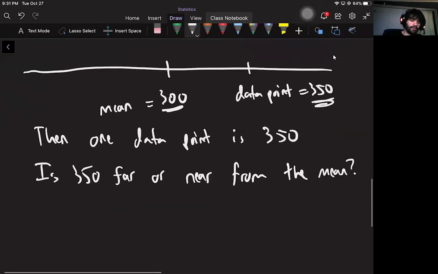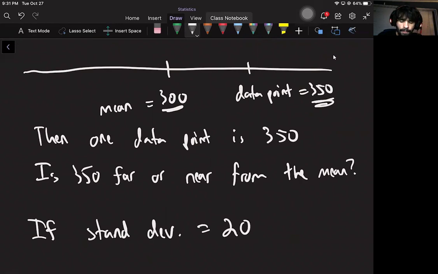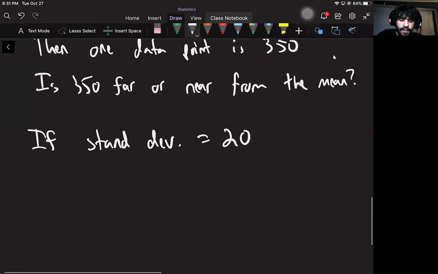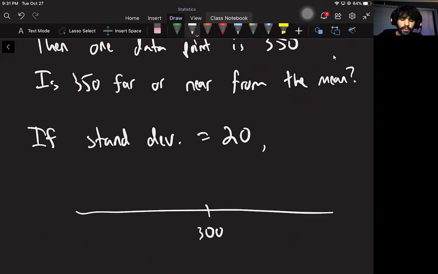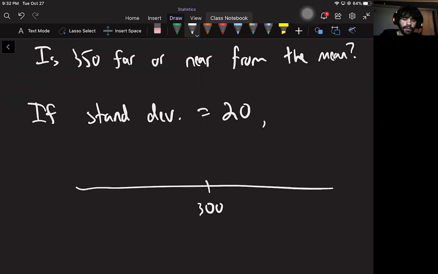So for example, if I calculated that the standard deviation happened to be 20, that's saying that on average, most of the data is 20 away from 300.